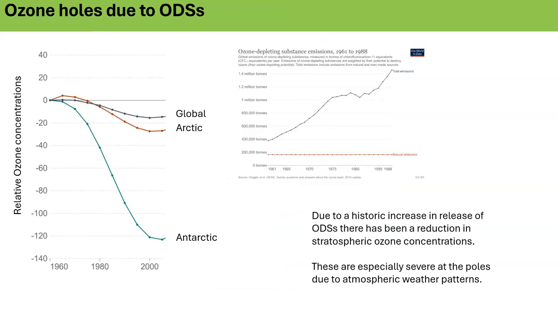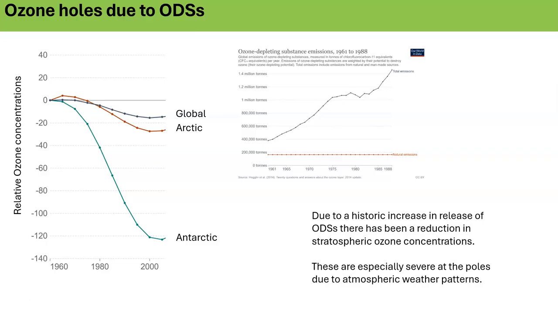We started figuring out about these ozone depleting substances in the 60s and 70s. And we've been tracking their release and have seen a rapid increase in the release of ozone depleting substances, peaking in the 1980s, and subsequently there's been a reduction in ozone in the atmosphere, especially at the polar regions, due to weather patterns.